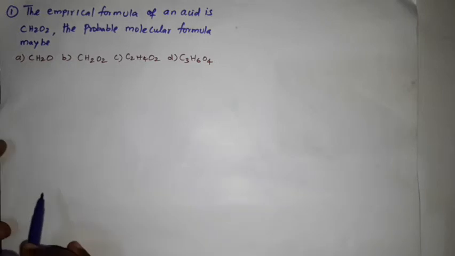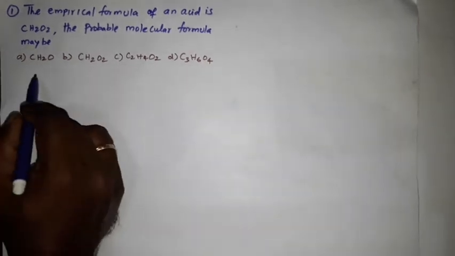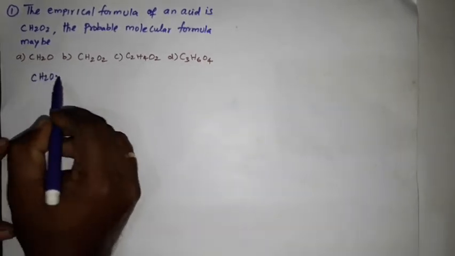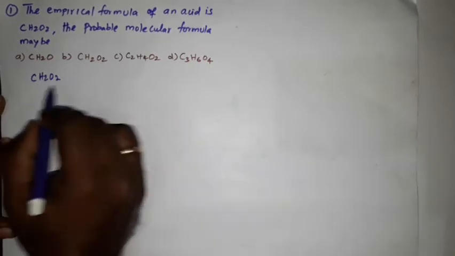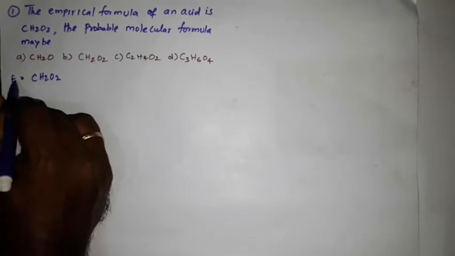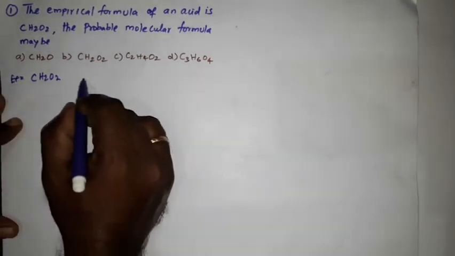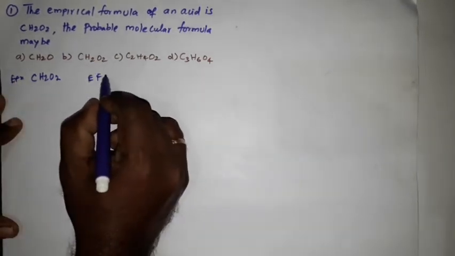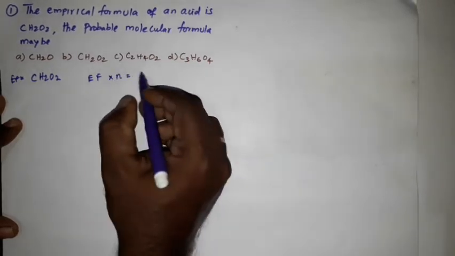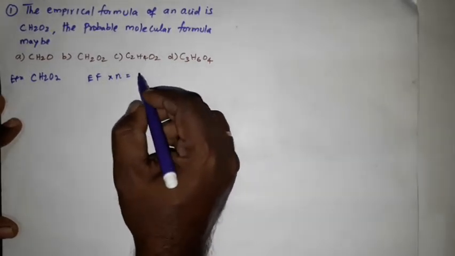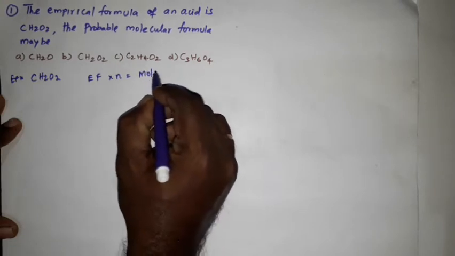So empirical formula is given as CH2O2. We know that to calculate the molecular formula, empirical formula into a whole number n will give the molecular formula.